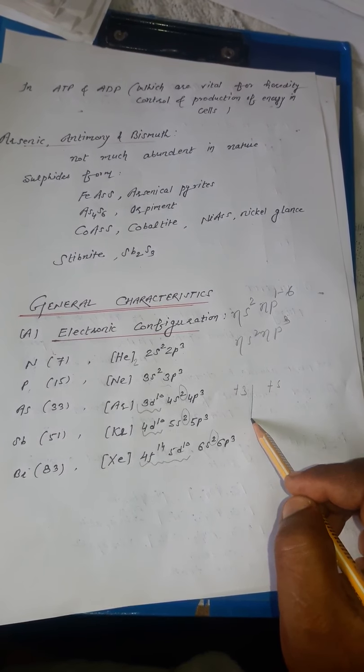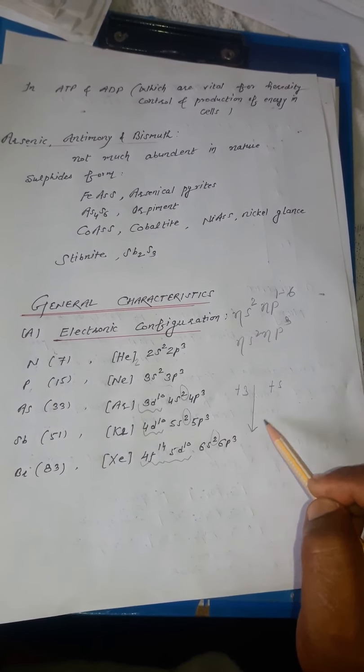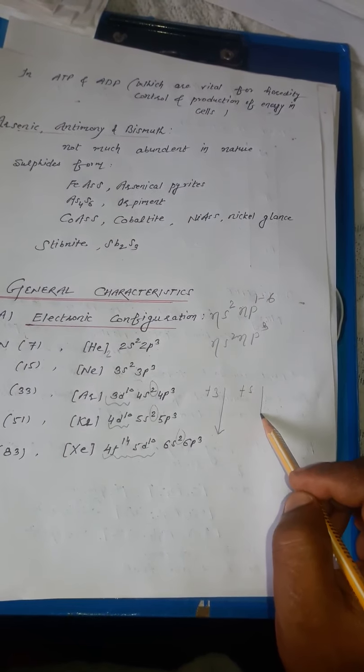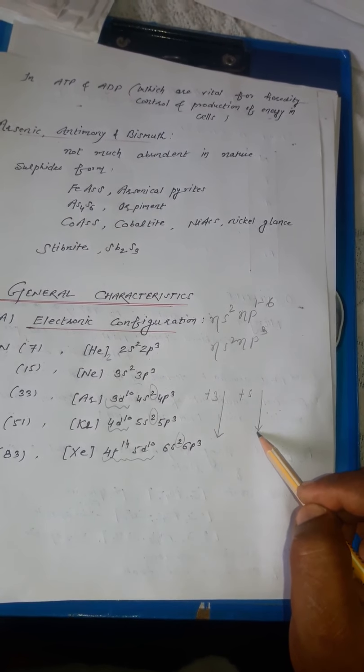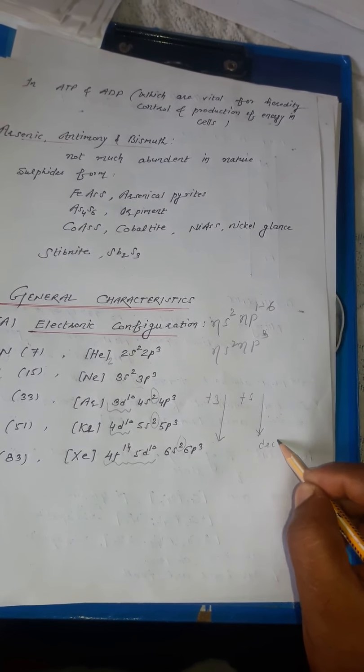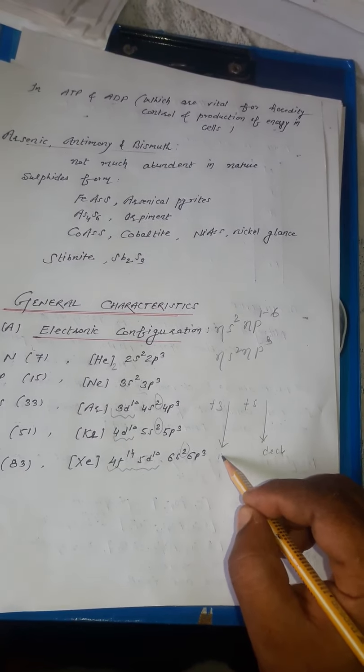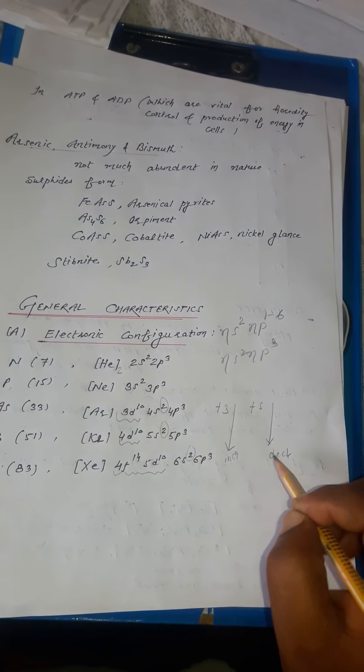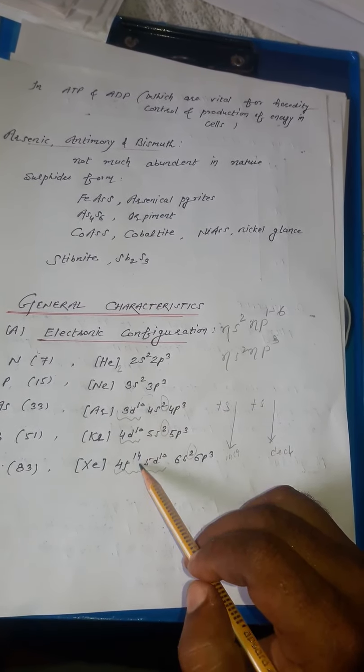So down the group tendency to form plus 3 increases, but down the group tendency to form plus 5 decreases. Okay, so why does it increase and decrease? Because inert pair effect increases down the group.